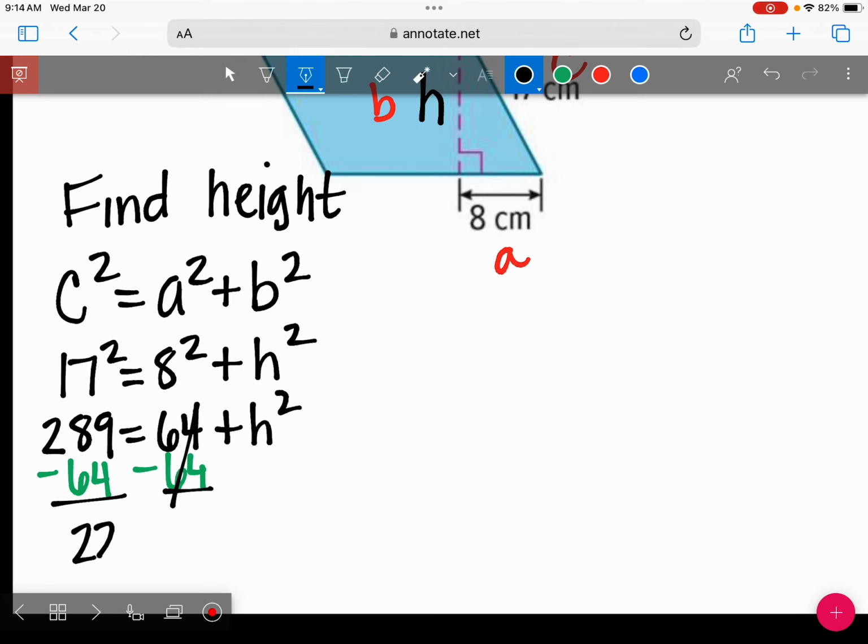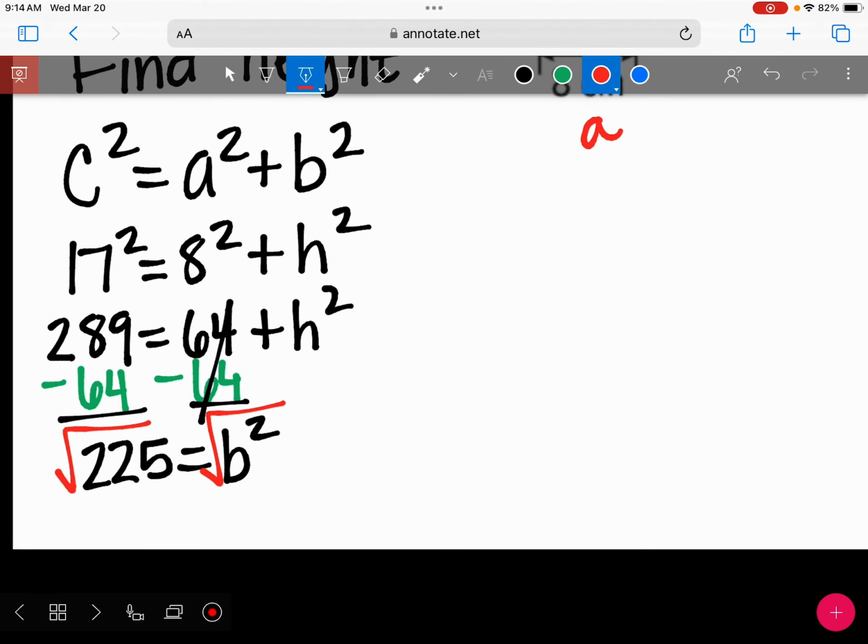You should get 225 equals b squared. And now you have to take the square root. And this is going to give you the height.